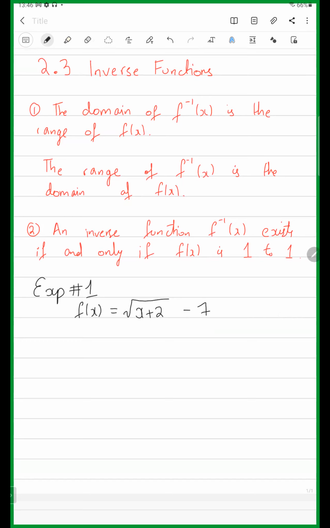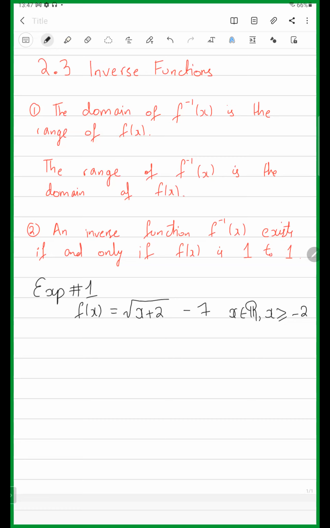Okay, this is the function and the domain is that x belongs to the set of real numbers and x is greater than or equal to minus 2. All right, so this is the very first example.